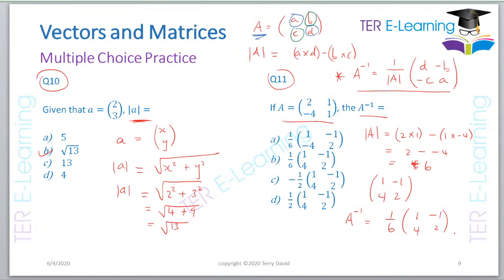So let's see which one has that. A and B have 1/6. So 1 minus 1, 4, 2. So the answer is B. Right? So question 11, the answer is B. So you all understand how I got B?